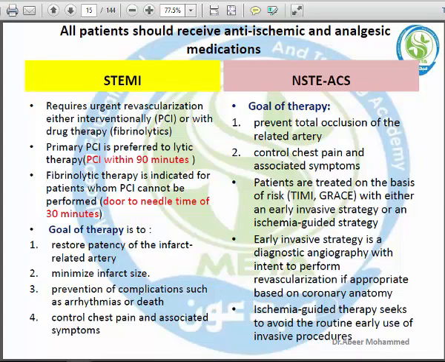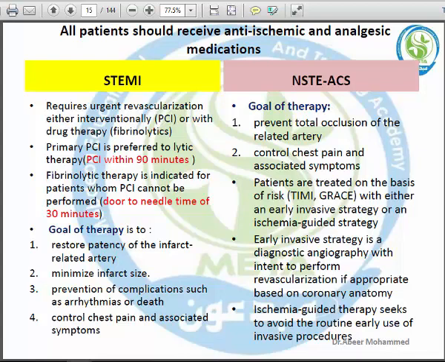الفيبرينوليتيك ثيرابي طيب قلنا goal of therapy إنه to control chest pain which is very uncomfortable to the patient, and to restore patency of the infarcted artery، لأنه أصلا الارتري بيجي ما شغال، بالتالي احنا عايزين نفتحه عشان يشتغل ويوصل النيوترينتس والبلاد للتارجت muscle.